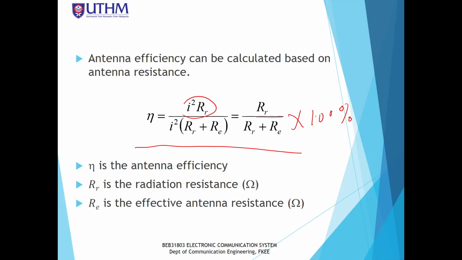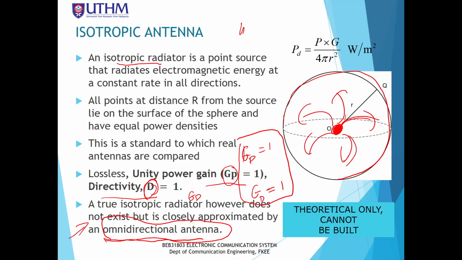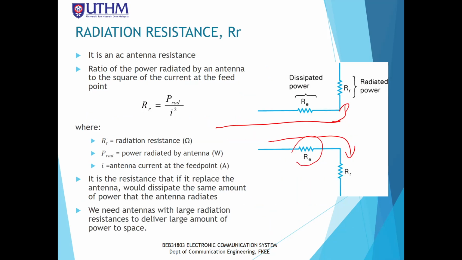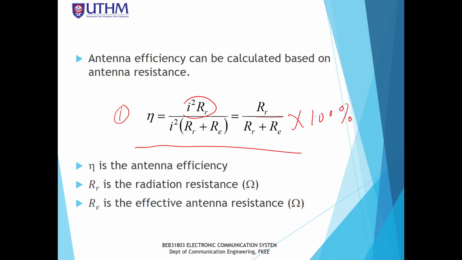Because we have two equations for the antenna efficiency. This is the first, and the second one is this one. Either we use the power, or we can use the resistance values to find the efficiency. If we want to use the gain, we can also use the gain.